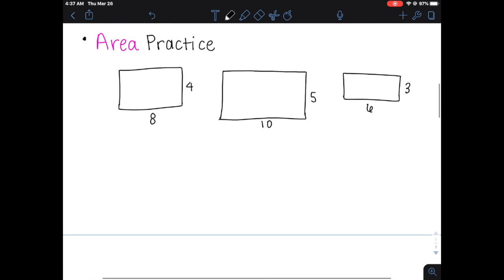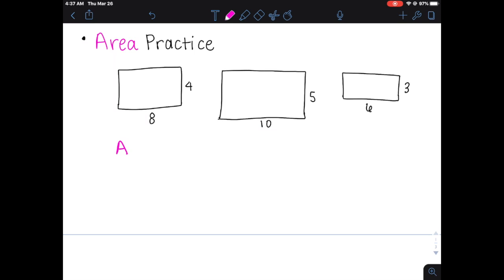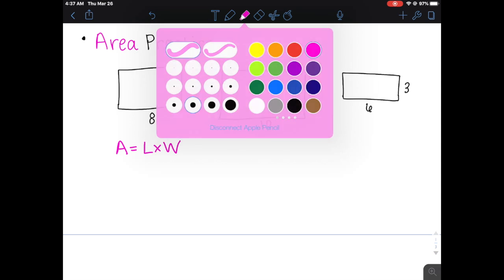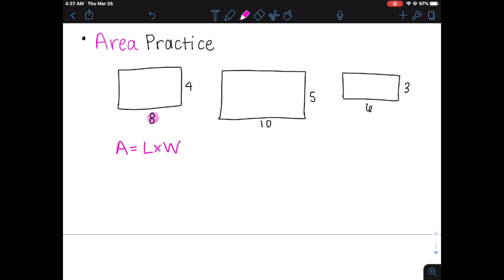All right, so let's do some area practice. So area equals length times width. In this case here, this is our length. So area equals, we're going to replace 8 for L times, and then W is 4.